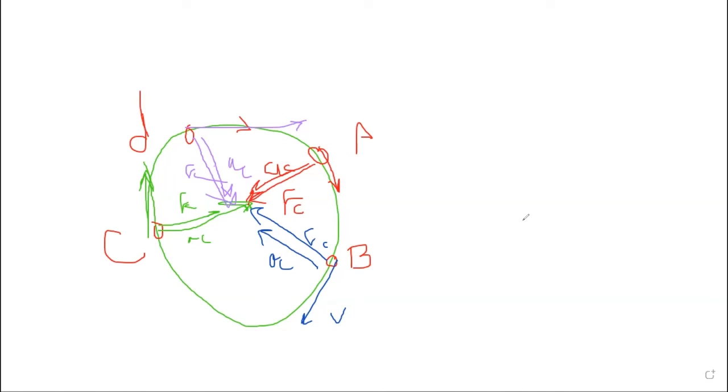Everyone focus, at any position. Even if I draw it here, at this position, the direction of centripetal force is toward the center, with the direction of centripetal acceleration also the same, toward the center. And the direction of velocity is perpendicular to these two vectors. Do you understand?